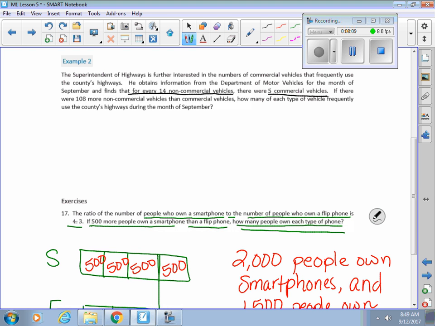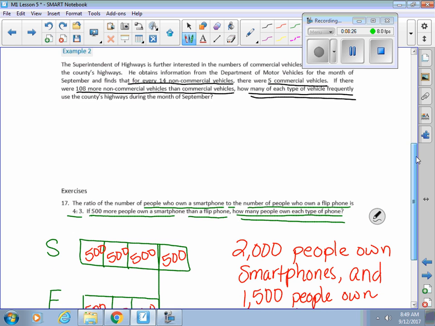If there were 108 more non-commercial vehicles than commercial vehicles, how many of each type of vehicle frequently use the county's highway during the month of September?